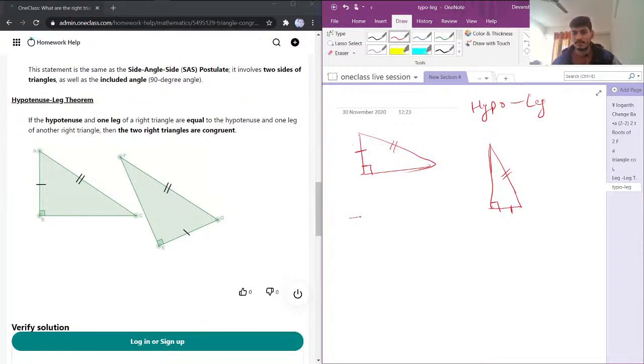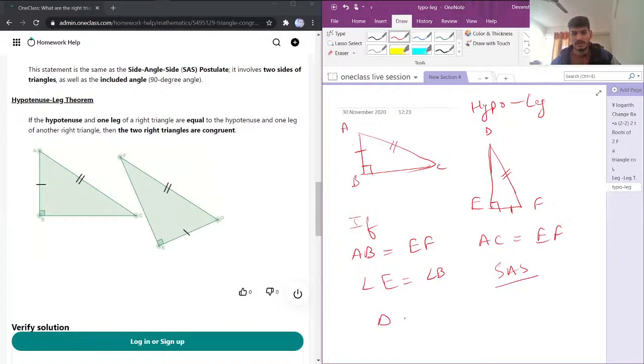So if AB equal to EF, angle at E equal to angle at B, and my AC equals EF, then again with the side angle side theorem or postulate, I can say these two triangles are congruent.